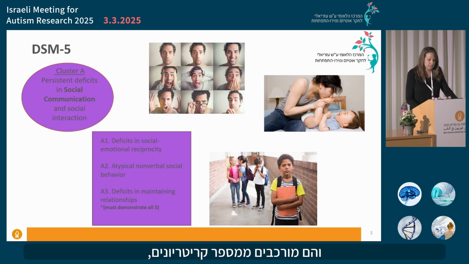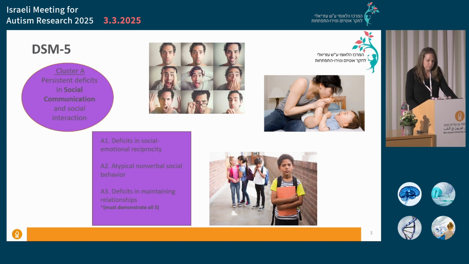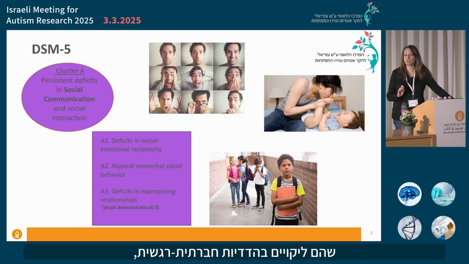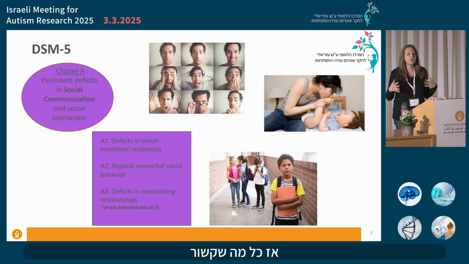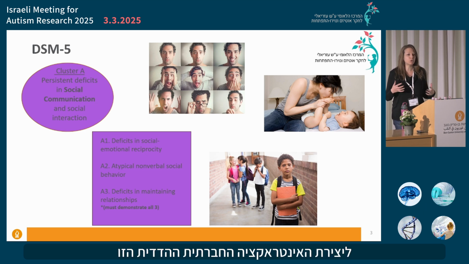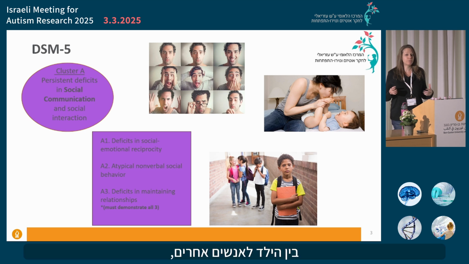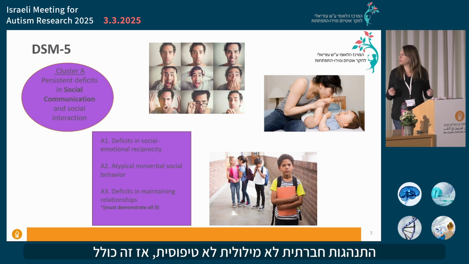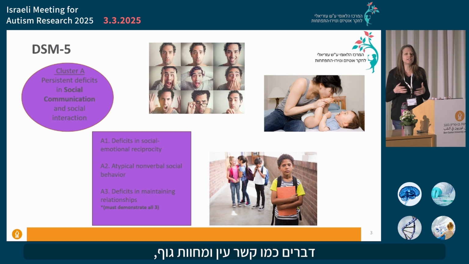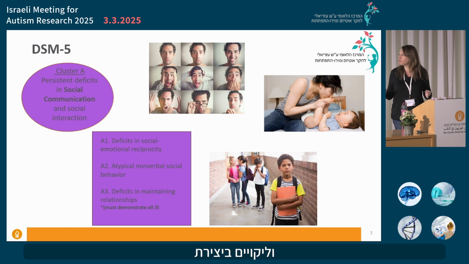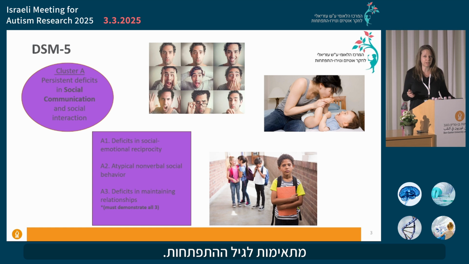And they are comprised of several criteria, which are deficits in social emotional reciprocity, so everything to do with creating this reciprocal social interaction between the child and other people. Atypical nonverbal social behavior, so this includes things like eye contact and body gestures, and deficits in forming and maintaining relationships which are appropriate for developmental age.